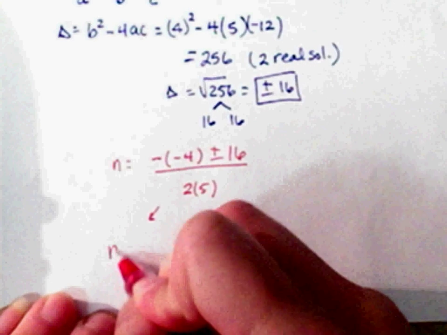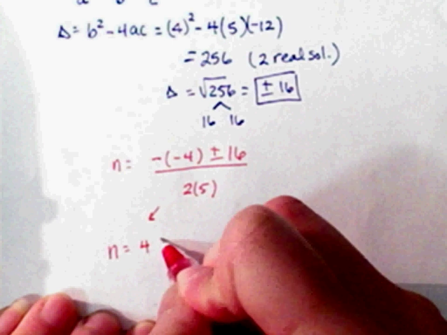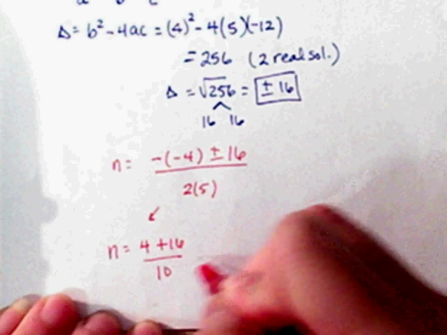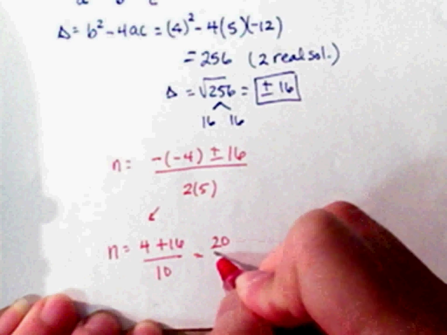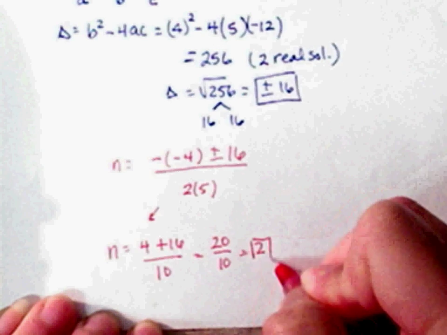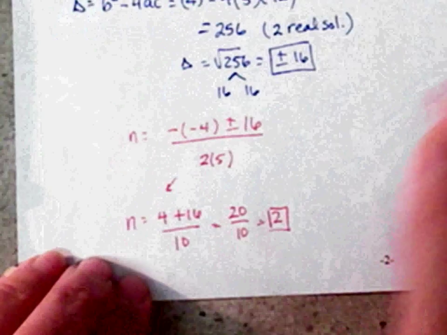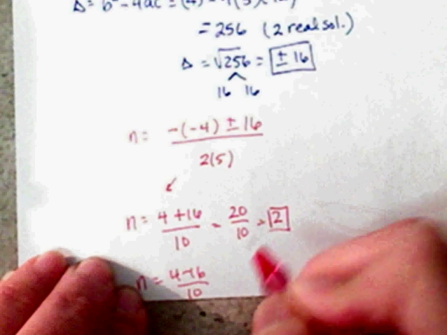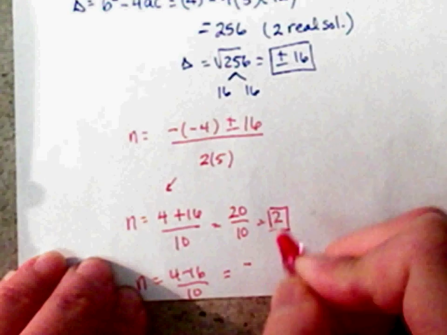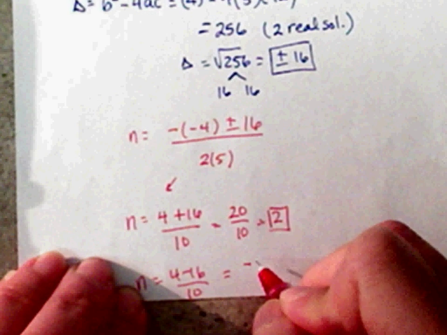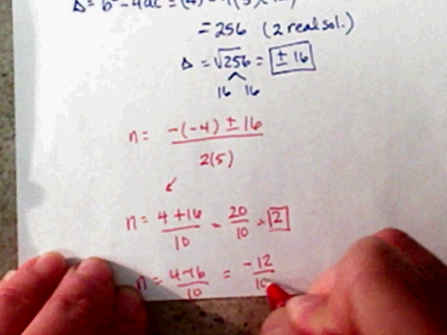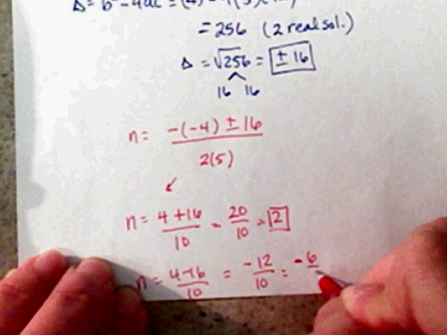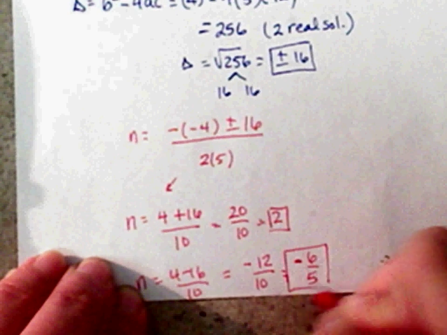Negative times negative is positive. 4 plus 16 divided by 10. 4 plus 16 is 20 divided by 10, so your first answer is a 2. Second answer, 4 minus 16 divided by 10. 4 minus 16 is negative 12. Divided by 10, that comes out to be negative 6 over 5. That is where you're going to cross the x-axis.